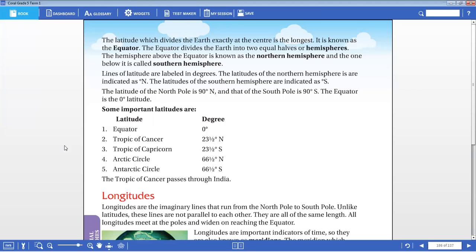You should not forget that word. The Tropic of Cancer, which is in the northern hemisphere, is an imaginary line that passes through our India.